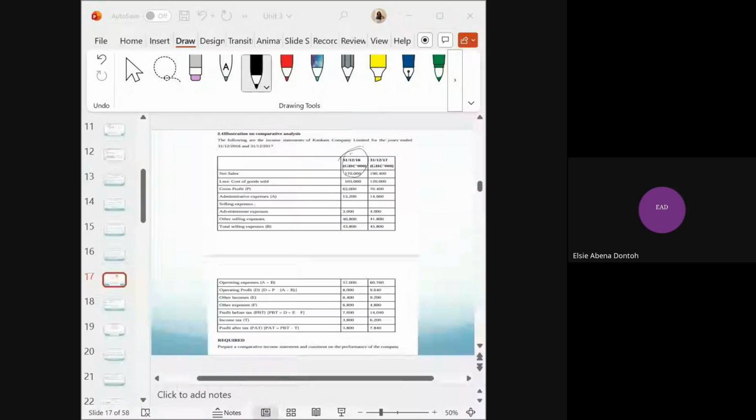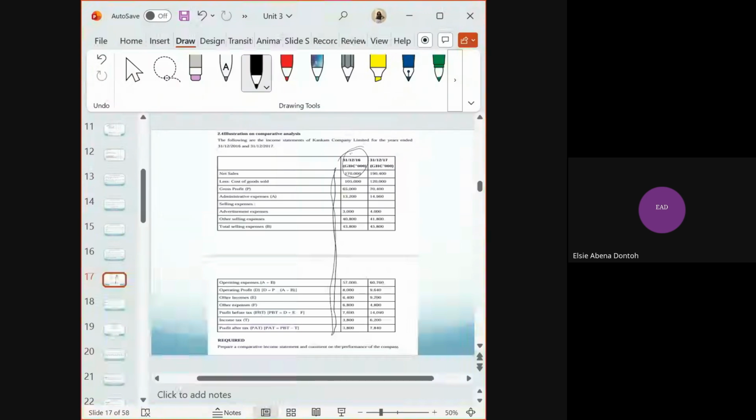Okay, so it's 170,000. And because 2016 is the base year, we'll divide it with the same 170,000 times 100%. So in the end, all the values for the base year will be 100%.